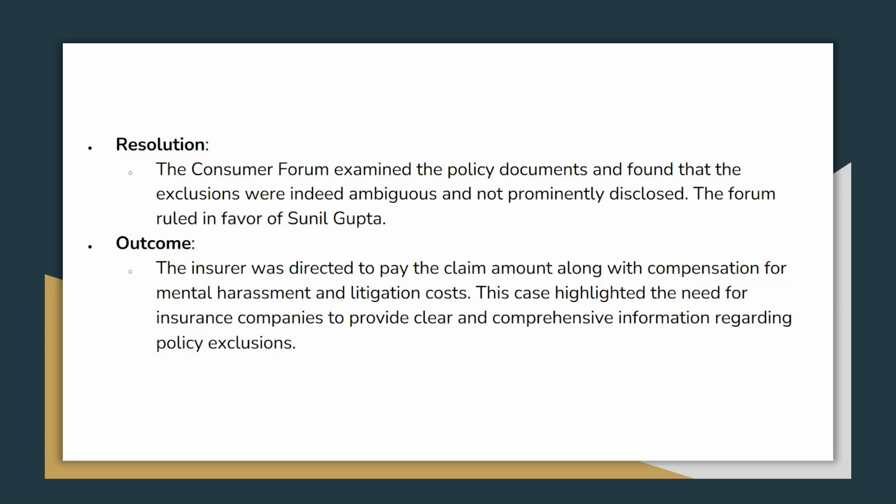The outcome of this case is that the insurer had to pay the claim amount along with compensation for mental harassment and litigation cost. These are the methods of redressing grievances, either through the authorities or through the various forums, and they have to be pursued as a priority.